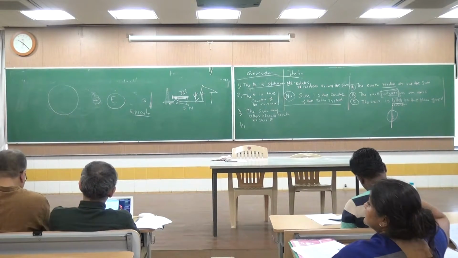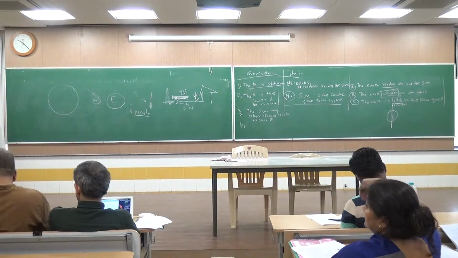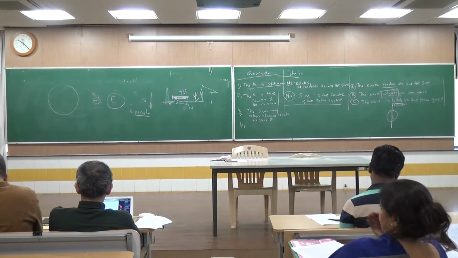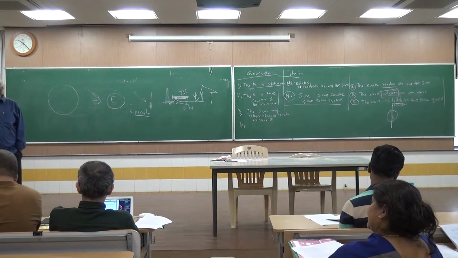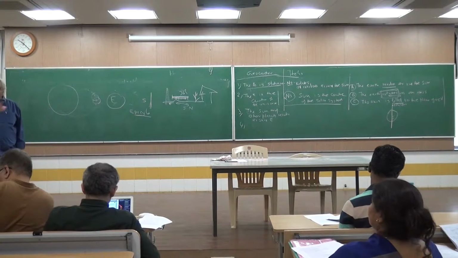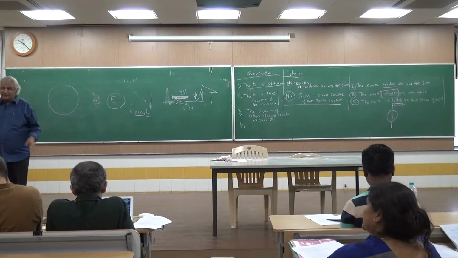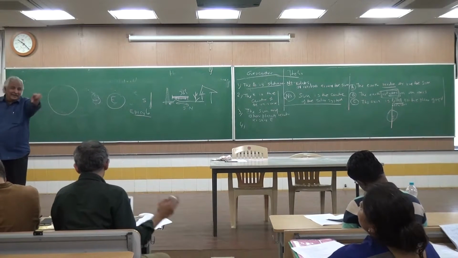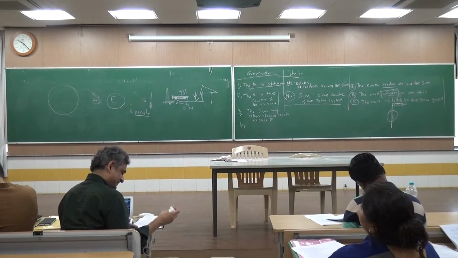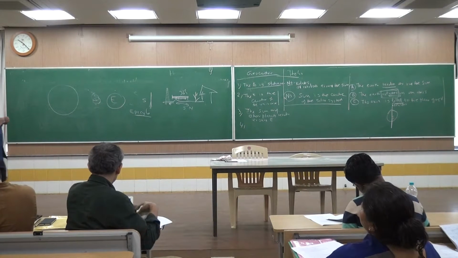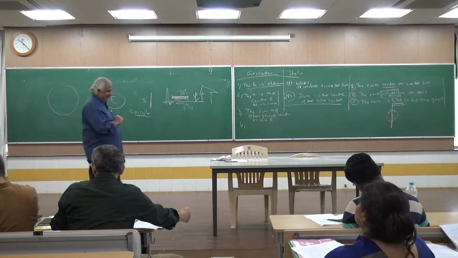The speed will be lower. You adjust the speed such that you get this north-south shift completely in 365 days.